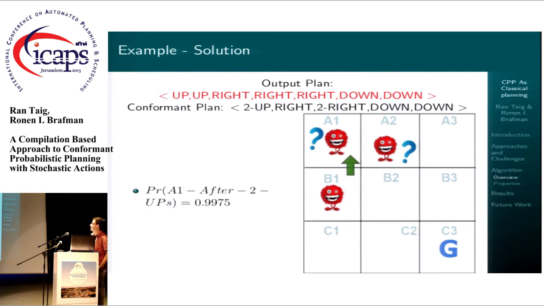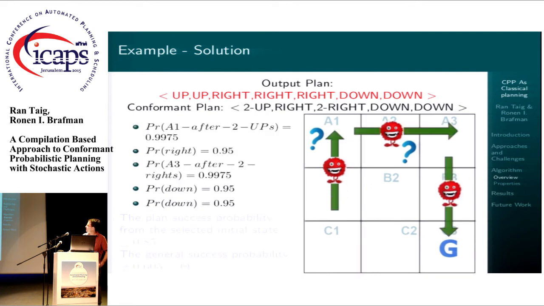For example, the probability that we'll be at A1 after 2 executions of up is 0.9975, much more than a single execution. And we succeeded in solving the whole problem because we figured that it will work in an early stage of the plan.